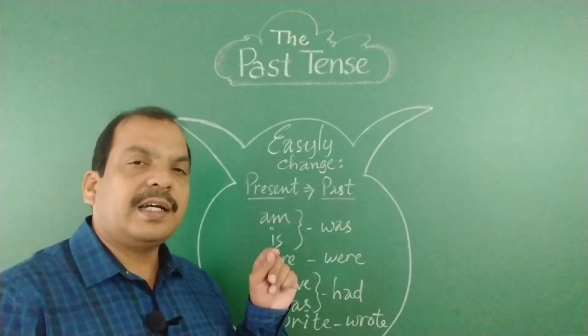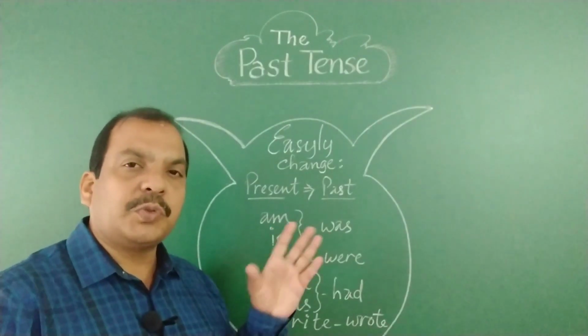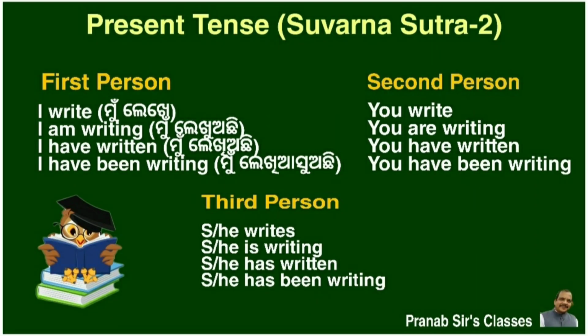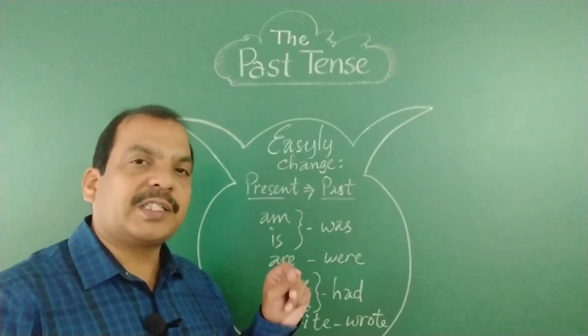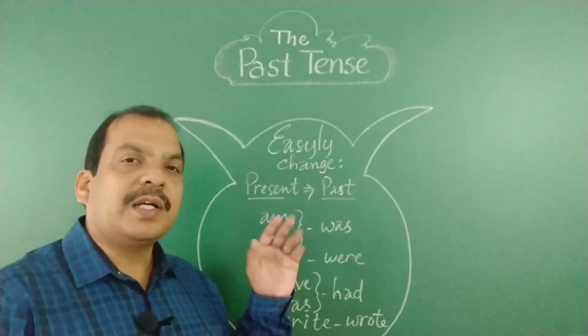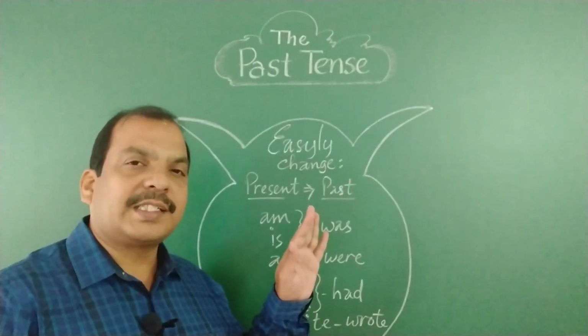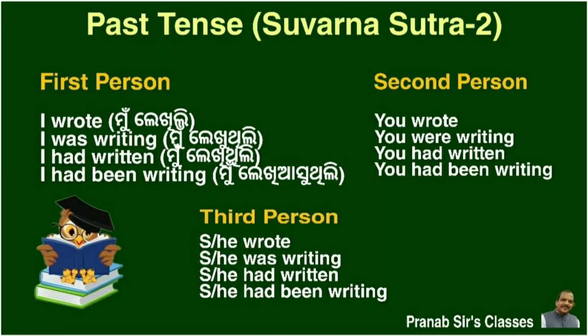And again see the slide of serial number 2, present tense, that we discussed earlier. There was the use of am, is, are and have, has and write. Now you can easily change the same 4 aspects of present tense into their respective past tense: I wrote, I was writing, I had written, I had been writing.